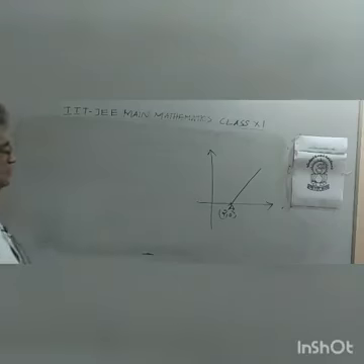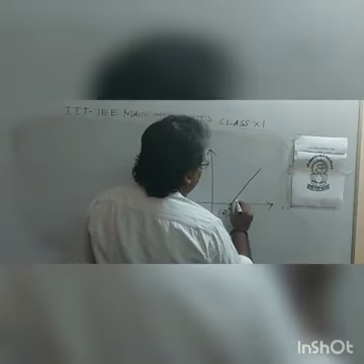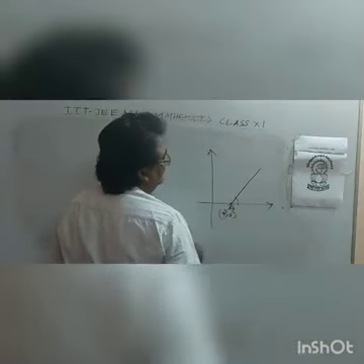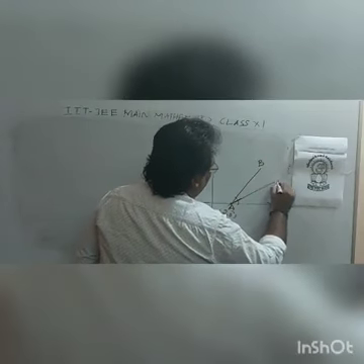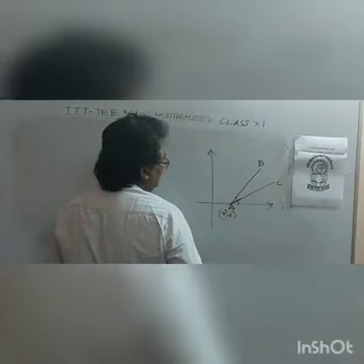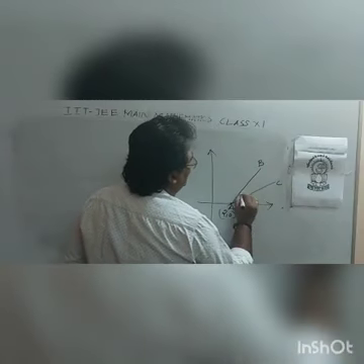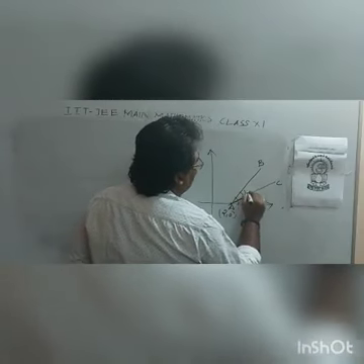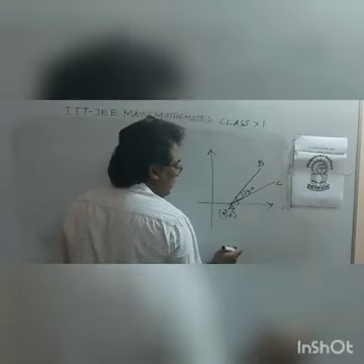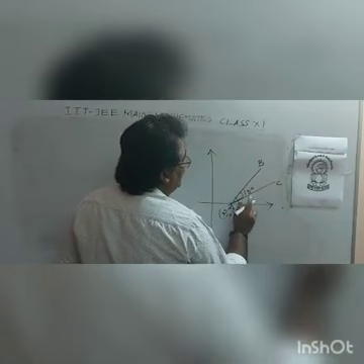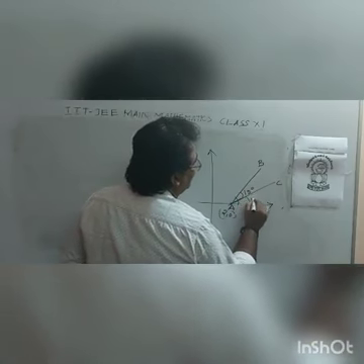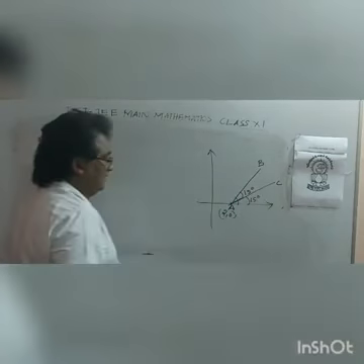Okay, so this line makes angle 30 degree. We have another line rotated 15 degree in the clockwise direction. This is anticlockwise, this is clockwise. So totally 30 minus 15, so this line will make angle 15 degree.